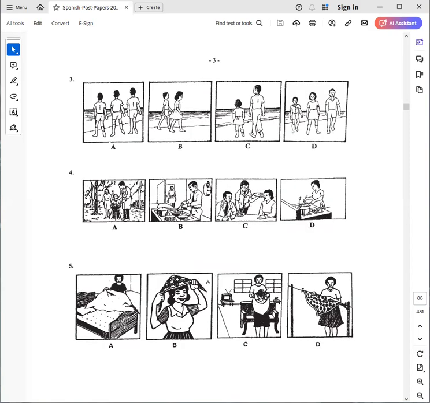It's usually like a 15 seconds lapse. Number 3, ambos caminan hacia la playa. Number 4, los señores van a comer enseguida.